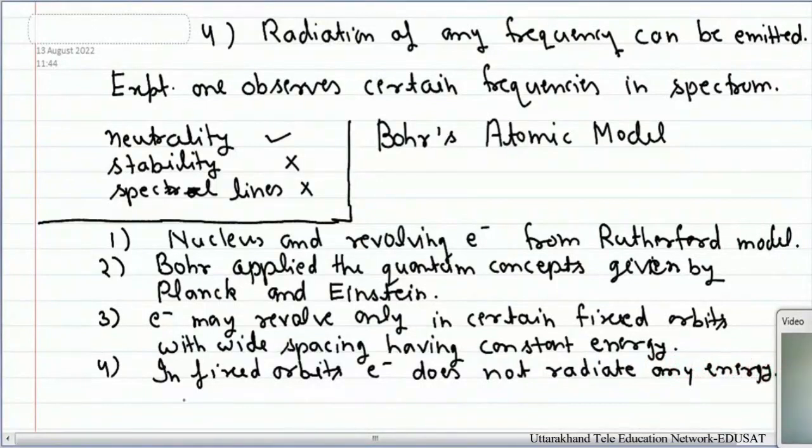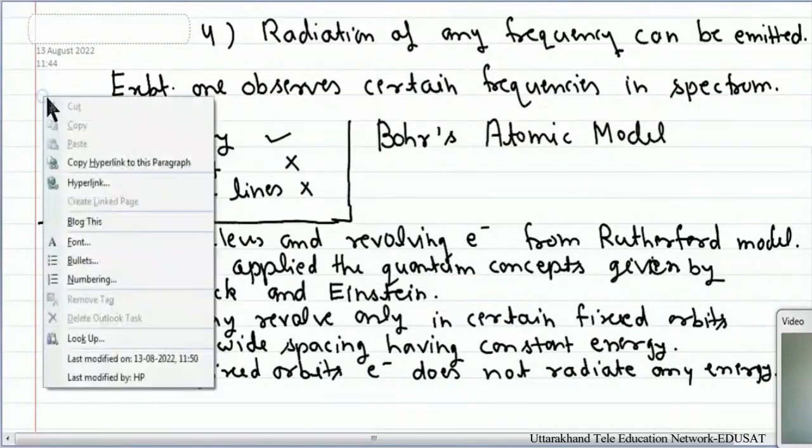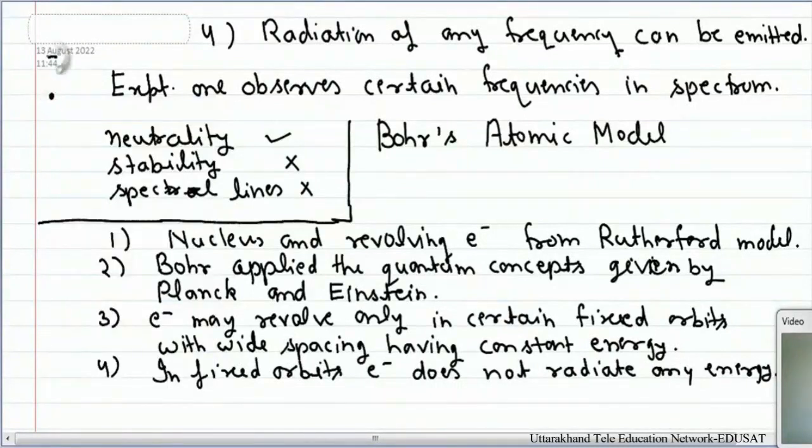Because of the inclusion of this point, that electrons are orbiting in fixed orbits and do not radiate any energy while they are in the fixed orbits, it helps in ruling out the losing of energy which was happening in the Rutherford model. What was the drawback of the Rutherford model? If this is the nucleus and electrons are orbiting and continuously losing energy, it will finally fall into the nucleus.